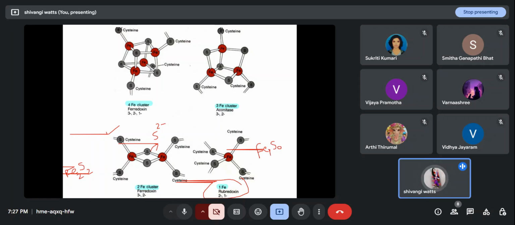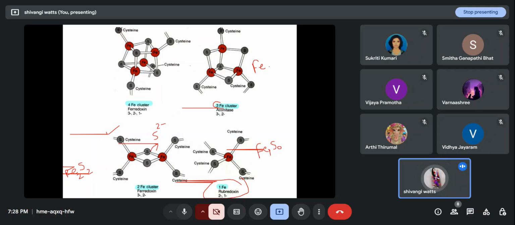Tell me the name for this one. How many irons are there? It is written below. Why are you not replying? Anyway, your wish.